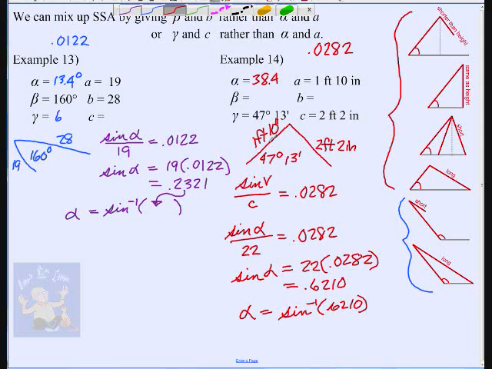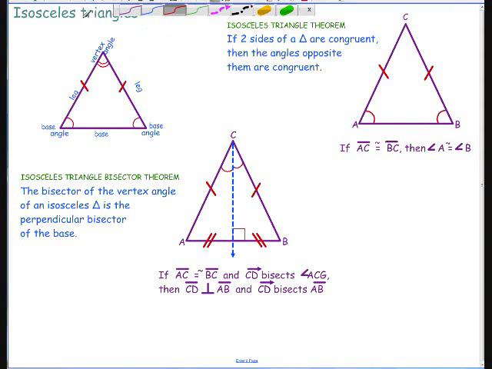Now, we could keep going, but I think you've definitely got the hang of it. I'm going to do a quick review of the isosceles triangle. You learned this in your geometry class. The vertex angle is opposite the base, and on either side of the base you have your congruent angles.